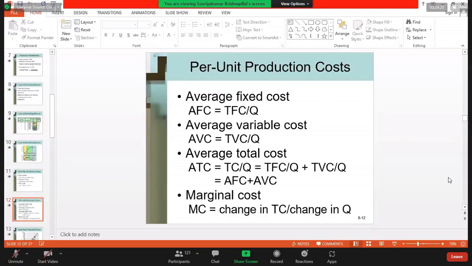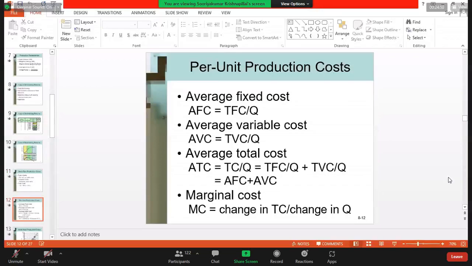We divide total fixed cost by the amount of output we produce, and that gives the per unit fixed cost. That is average fixed cost. Fixed cost is constant; it will not vary with the output. So average fixed cost will decline continuously when the output increases.